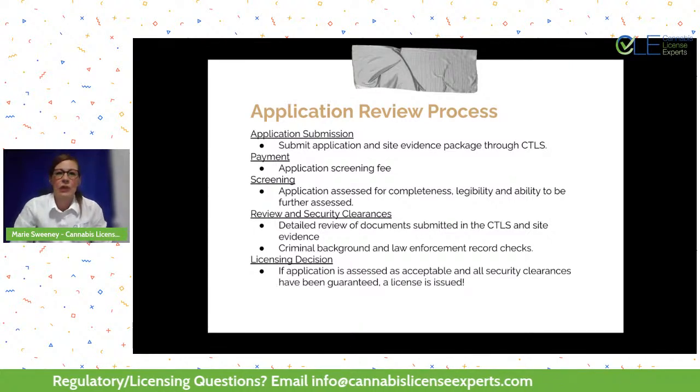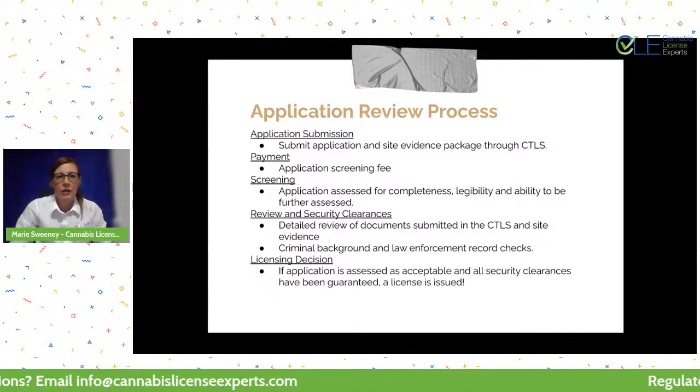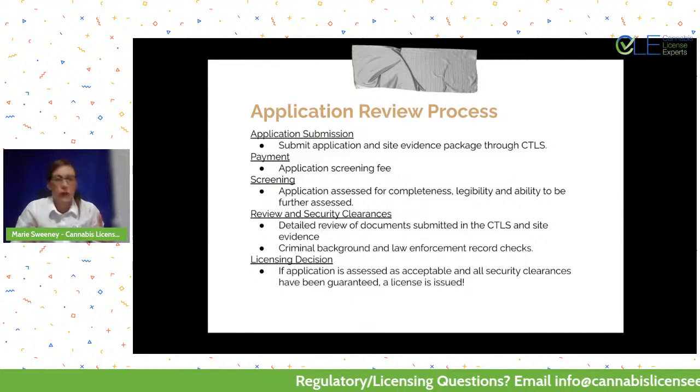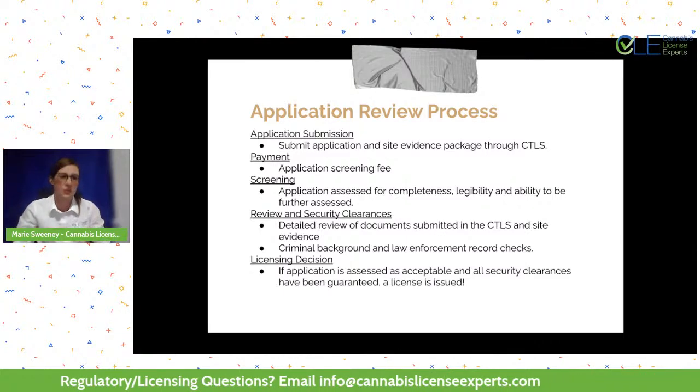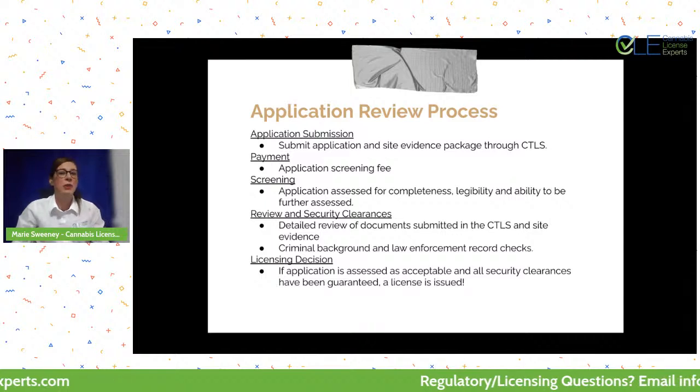So, the application review process. What we are looking at here is once you've actually submitted your entire application, we have 4 to 5 steps that come post submission. One, you submit your application and the site evidence package through CTLS, followed by paying your application screening fees.